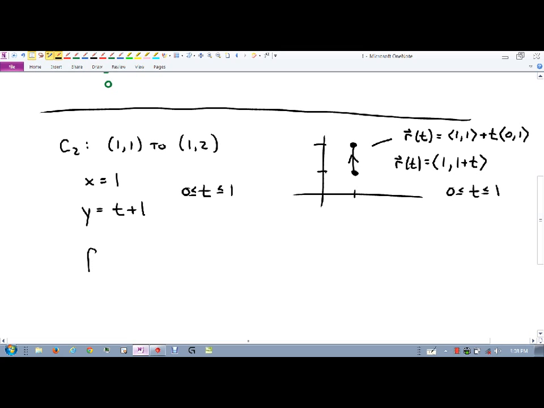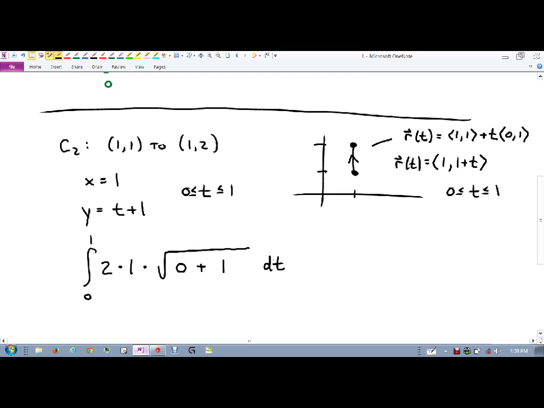And so this integral is going to go from 0 to 1. It's going to be 2 times x, right? What's x here? 1, times the square root of the derivative of x with respect to t, which is 0, so nothing there, plus the derivative of y with respect to t, which is 1, but then squared, so 1, then dt.